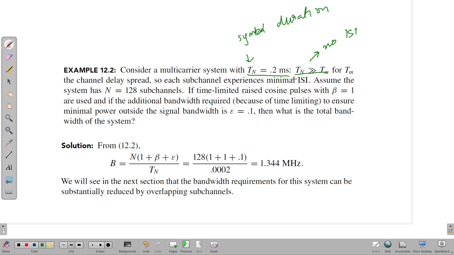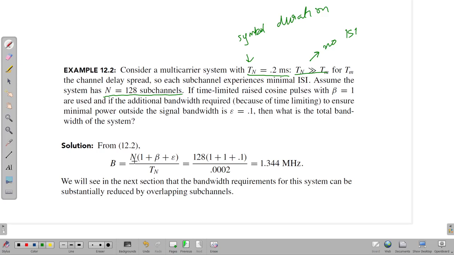So each subchannel experiences minimum ISI. It is written here. Assume the system has N equal to 128 subchannels. If time-limited raised cosine pulses with a roll-off factor beta equal to 1 are used, and if the additional bandwidth required because of time limiting to ensure minimal power outside the signal bandwidth is epsilon equal to 0.1, then what is the total bandwidth of the system?